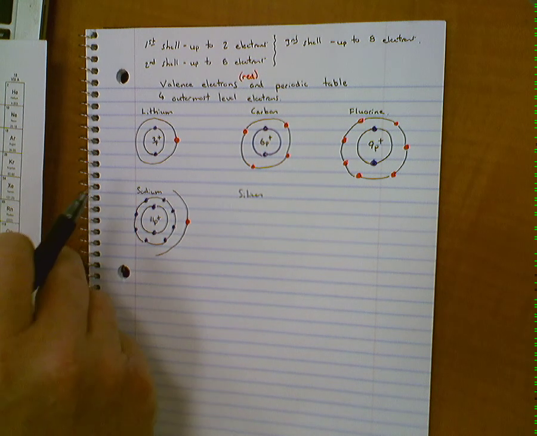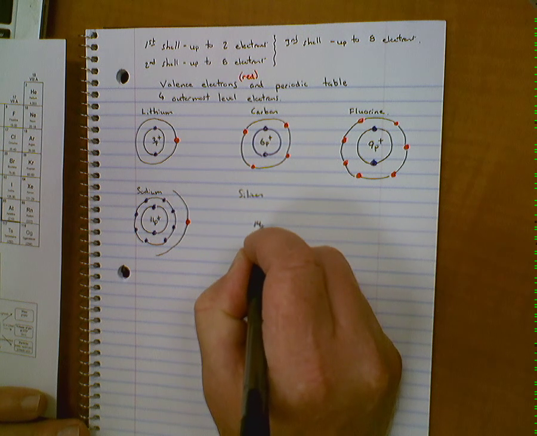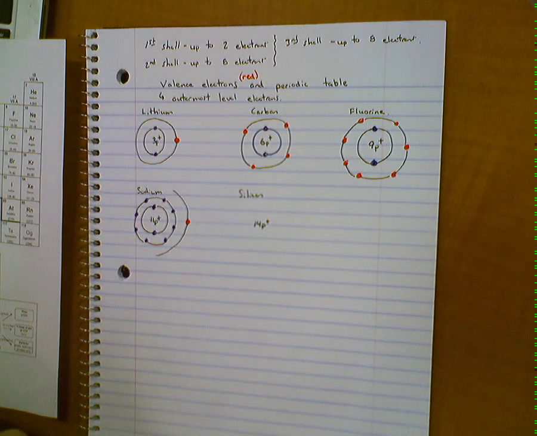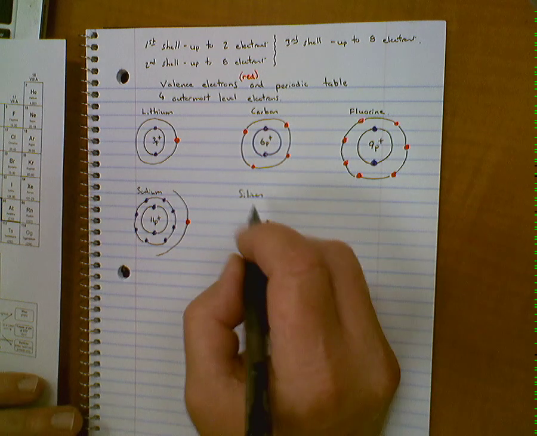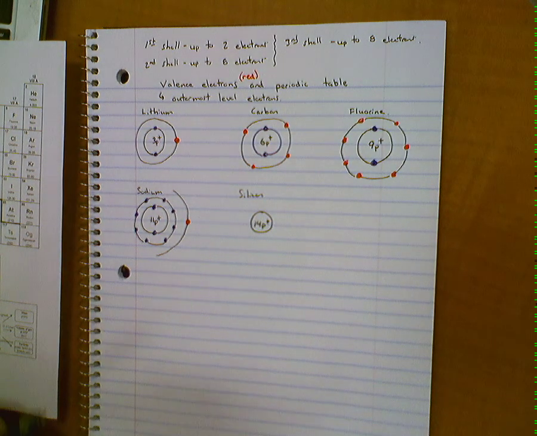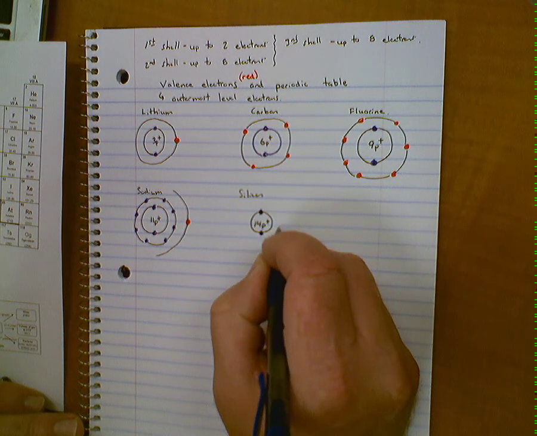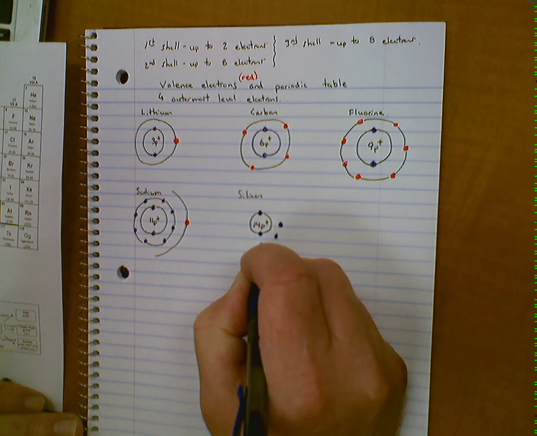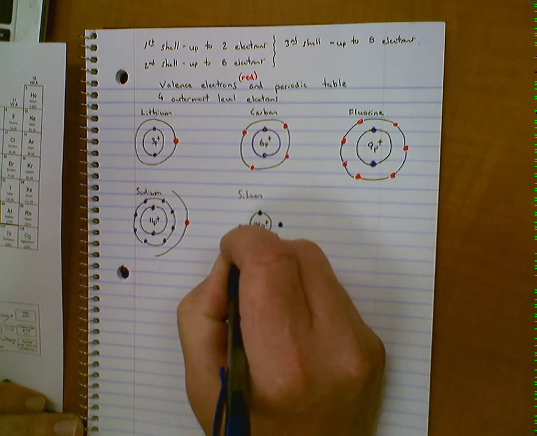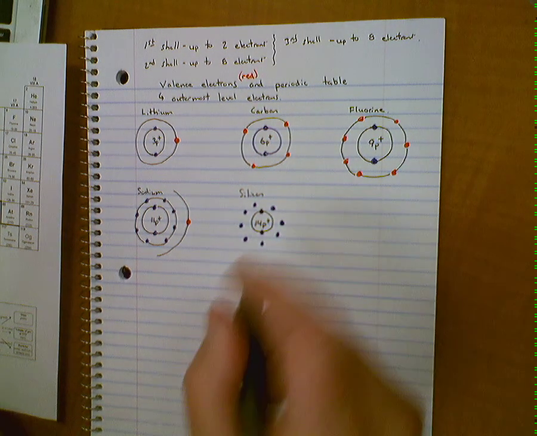So silicon's atomic number is 14. So it's got 14 protons in the nucleus. I'll go a little bit quicker this time. So first shell, 2 inner electrons. Second shell, 8. 1, 2, 3, 4, 5, 6, 7, 8 in the second shell.